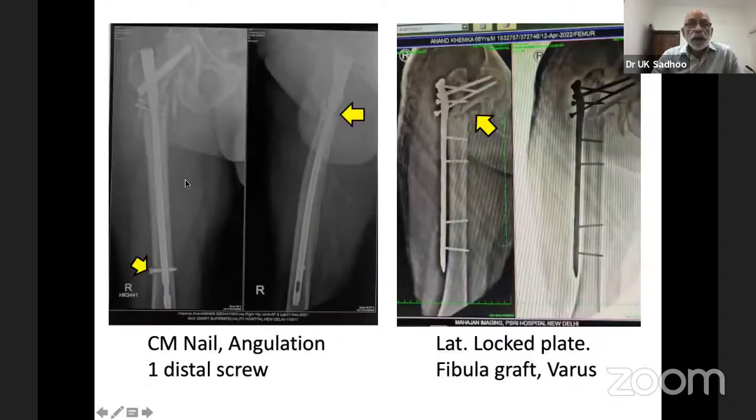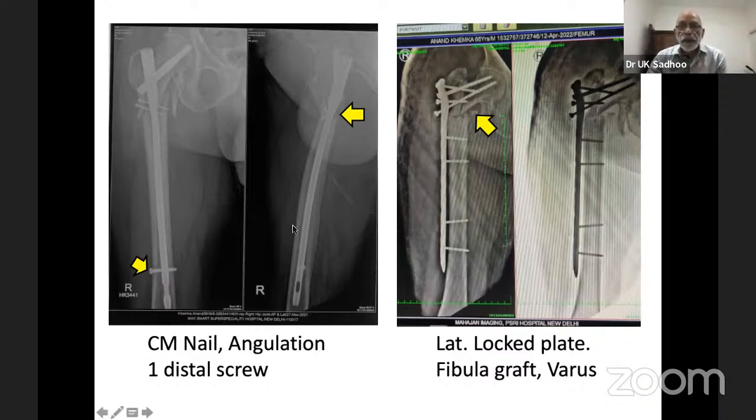This is a patient whom I inherited some time ago. A nail, the reduction, and did it go into failure? I think definitely one screw in a long nail is not adequate. This is a comminuted fracture, and a single screw cannot hold the rotational forces very well.